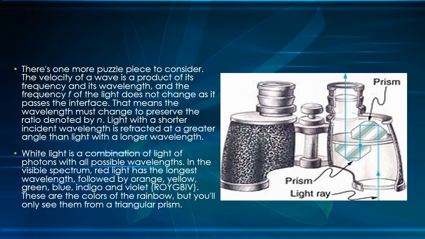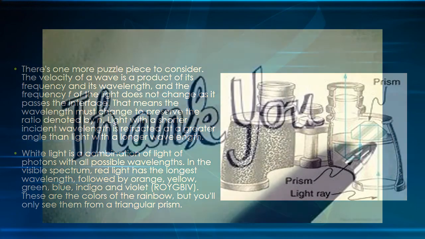White light is a combination of photons with all possible wavelengths. In the visible spectrum, red light has the longest wavelength, followed by orange, yellow, green, blue, indigo. These are the colors of the rainbow, but you will only see them from a triangular prism.